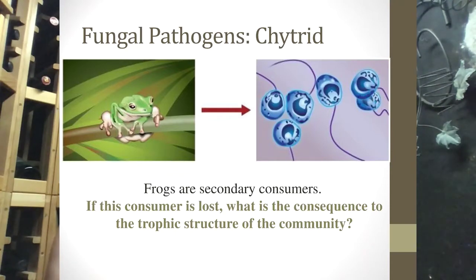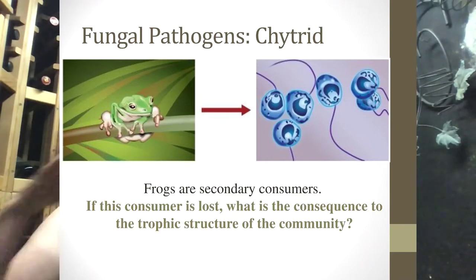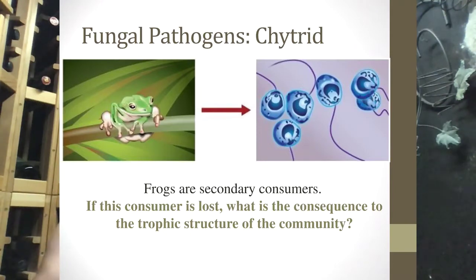Most of these are unicellular, so that's what you see in the picture on the right side. Those are several unicellular chytrids. Some can be composed of a few cells that end up forming a thallus. Most of them are, so their body is a thallus. We're not going to worry too much about that.